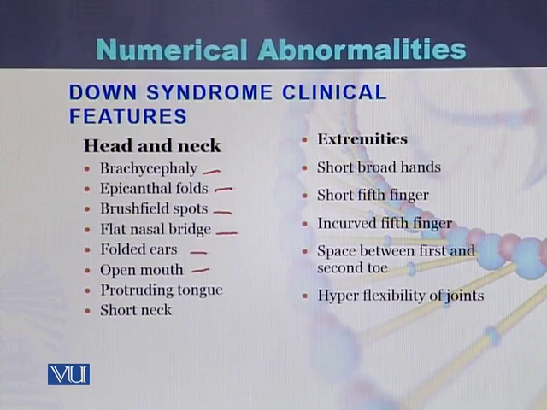These are the clinical features which are present in head and neck. On the other hand, these children have short and broad hands, short fifth finger, incurved fifth finger, and space between the first and second toe. So these are the complete clinical features present in children that have Down syndrome.